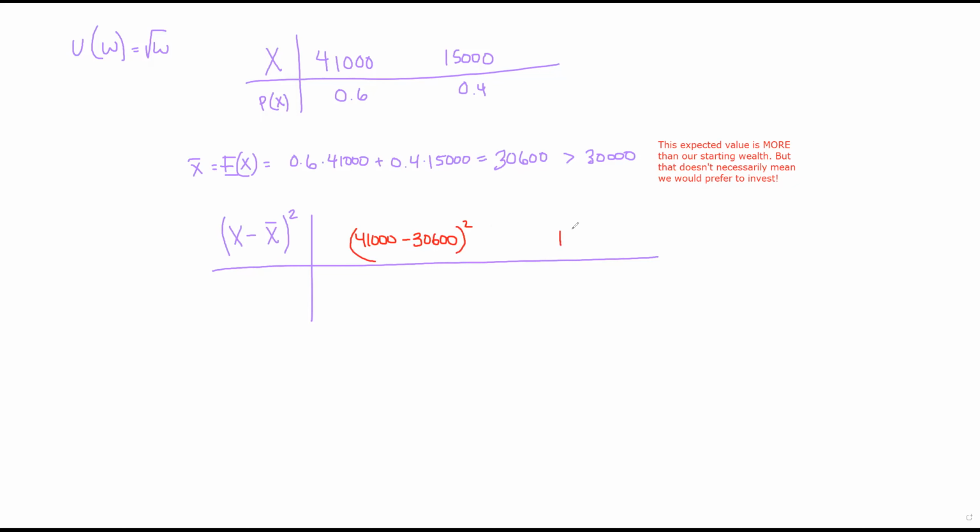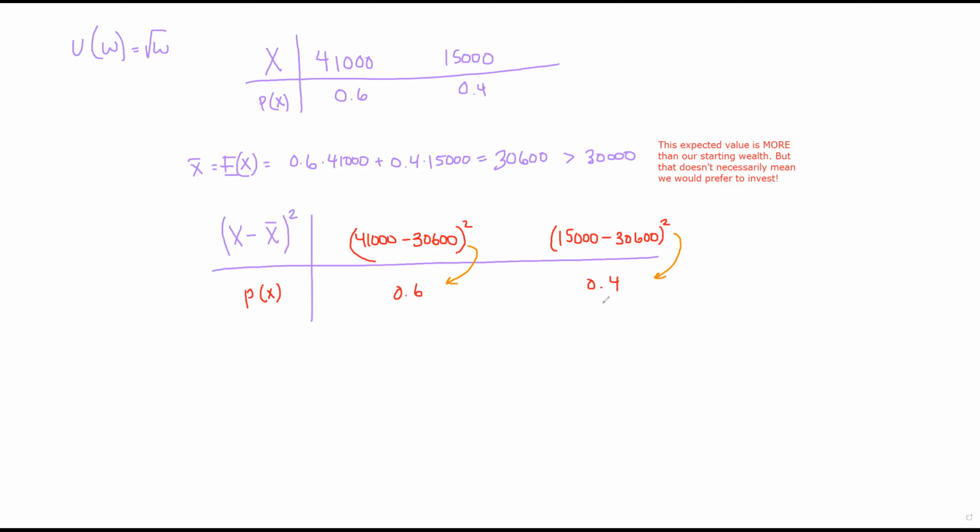We'll do the same thing for the 15,000. Take the 15,000, subtract the 30,600, square it, and the probabilities do not change. These will stay as 0.6 and 0.4. Then I take each value, multiply it by its corresponding probability and add them together, and this will give me the variance.